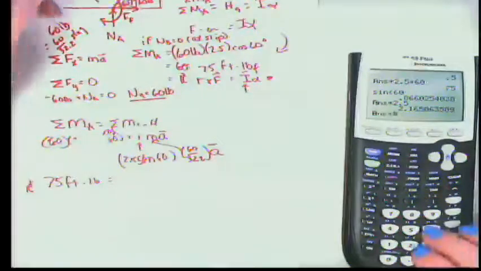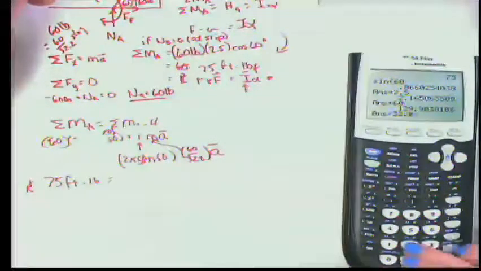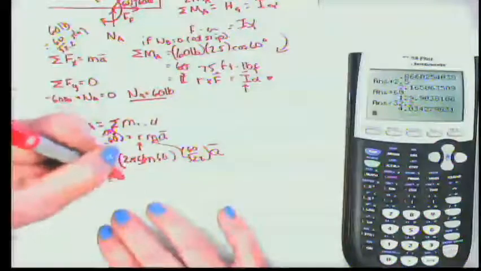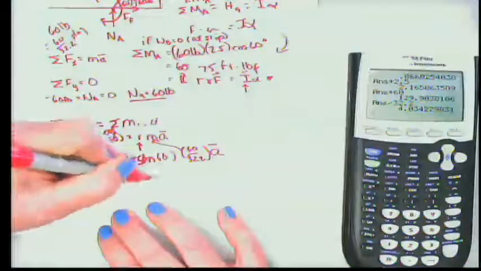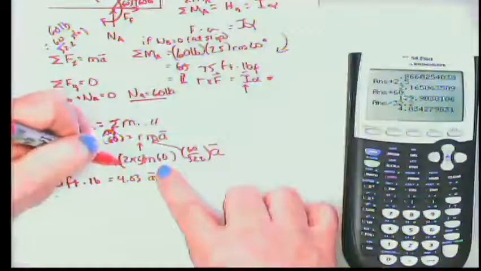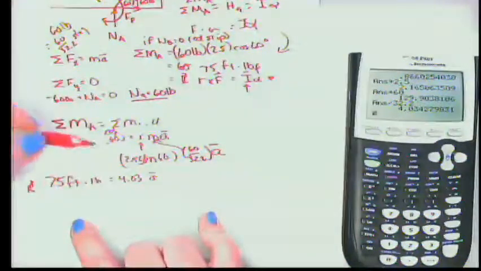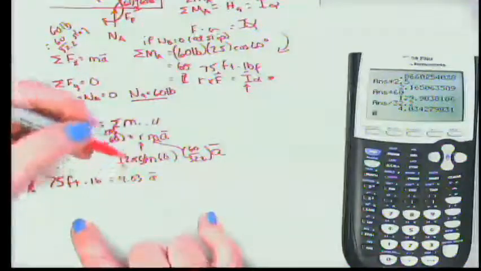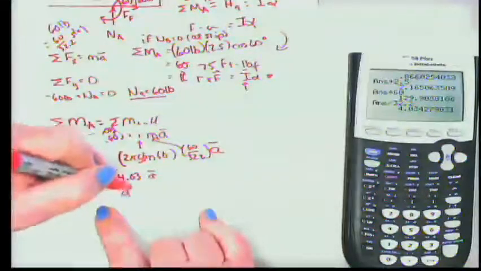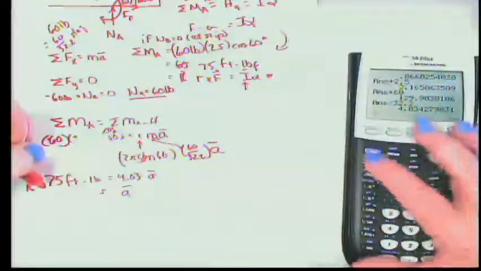Then multiply that by the number of slugs, which is 60 divided by 32.2. And that value is 4.034 times A bar, and this is going to be in slug feet. If you get a pound per slug, that actually turns out to be a foot per second squared. So we get A bar is equal to 75 divided by that number.